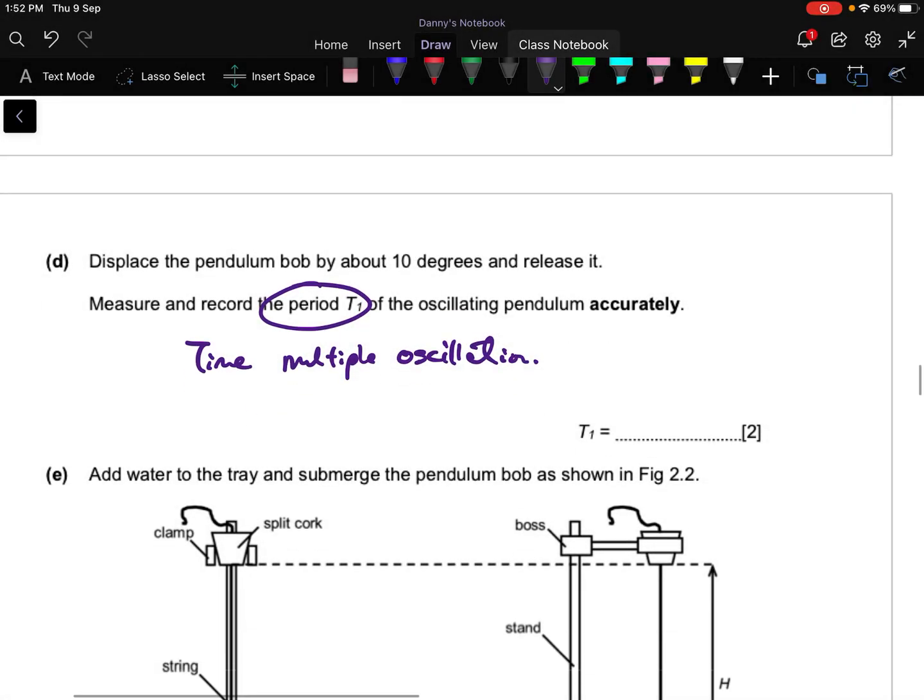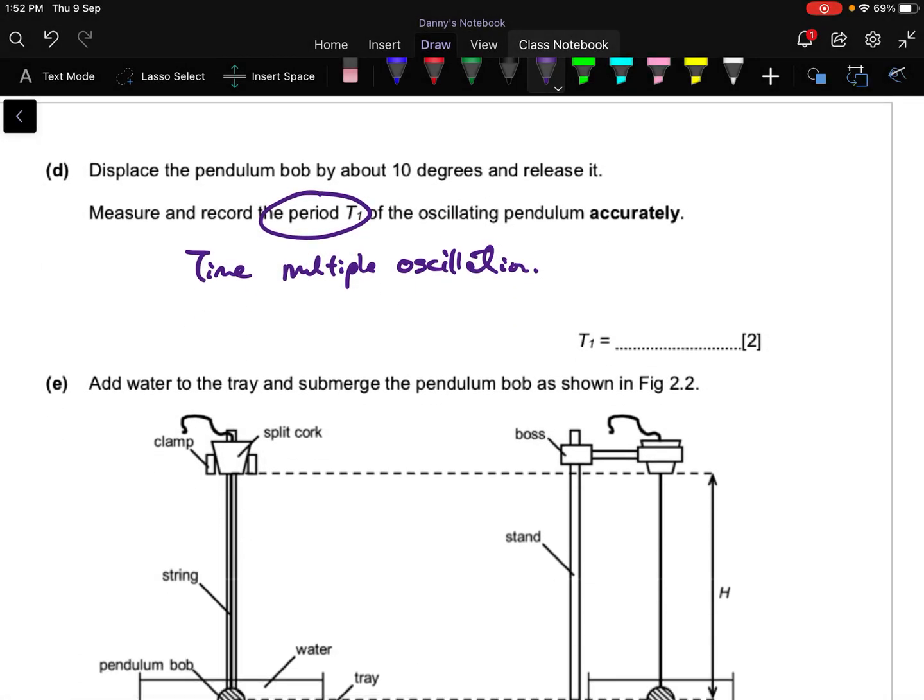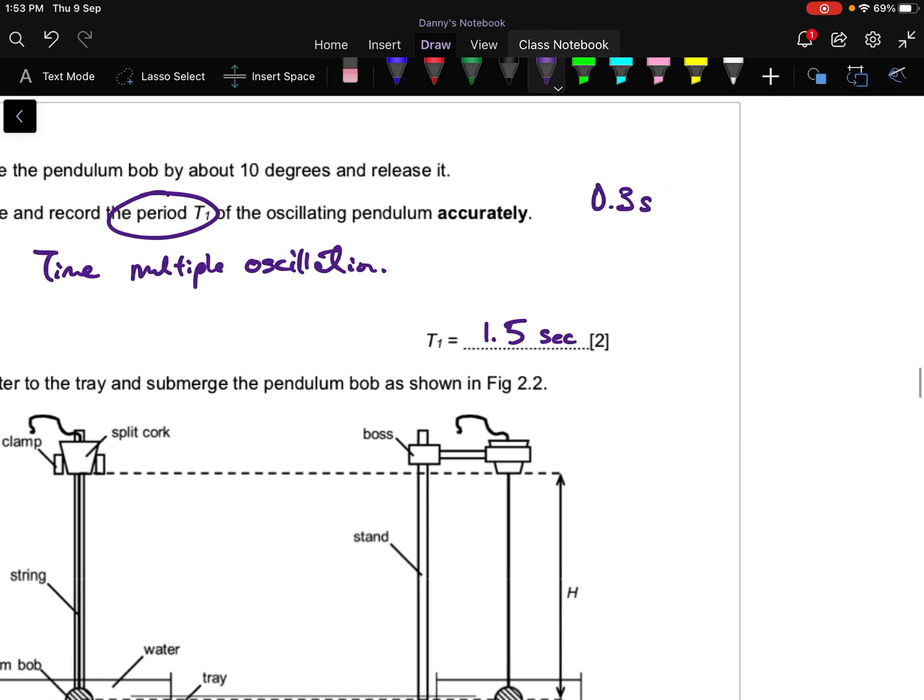The reason why is because usually your period is in the range of, let's say, 1.5 seconds or something like that, but your human reaction time is actually about 0.3 seconds. And when you want to time the period taken for one oscillation, you will have to react once when you start the stopwatch, and you have to react another time to stop the stopwatch.